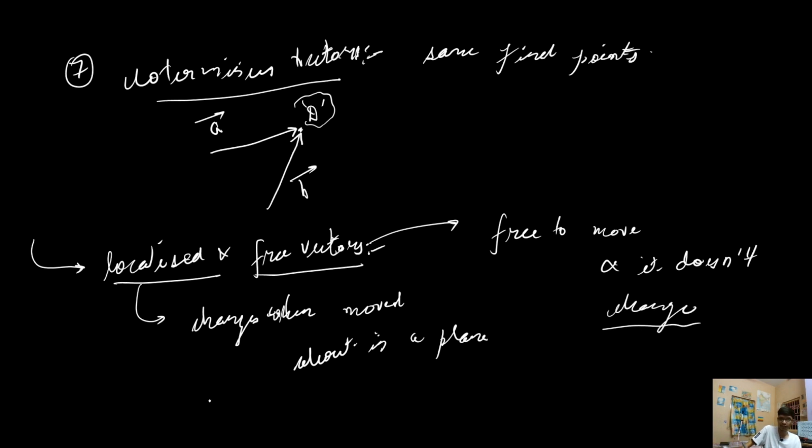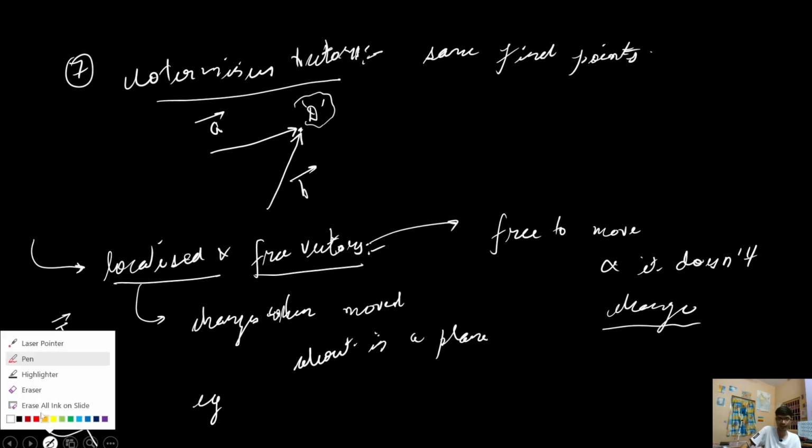So for localized vectors, take the example of a moment of inertia. There is a particular body whose moment of inertia about a particular axis is given by a vector I, although moment of inertia is actually a tensor quantity.